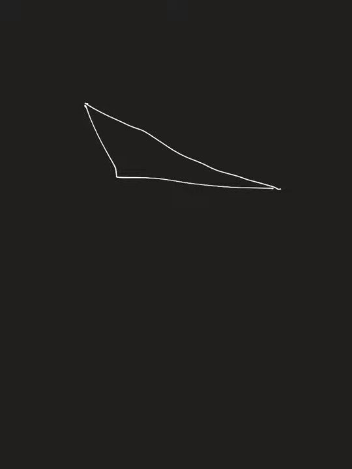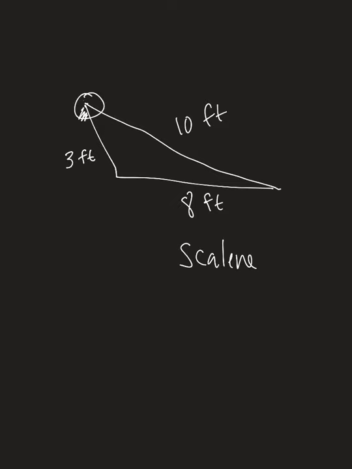Okay, so here I have, let's say this one is 3 feet. We'll say this one is 8 feet. And we'll say this is 10 feet. So I know that all the sides are different. So when that happens, I'm talking about a scalene triangle. And then look at my angles. Here I have a closed angle. Here I have another closed angle.